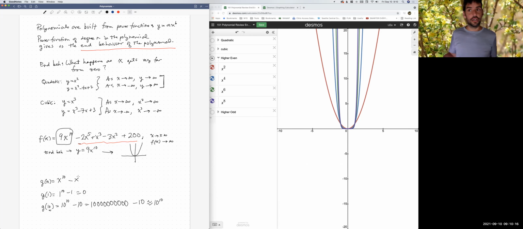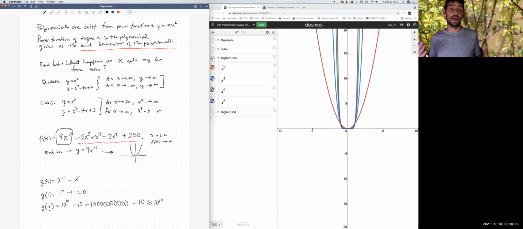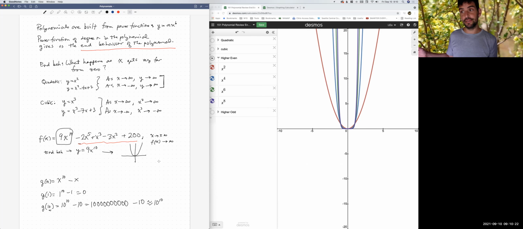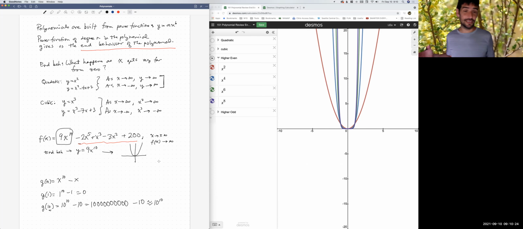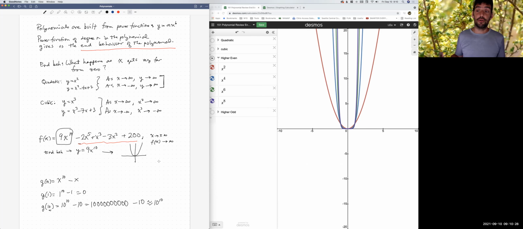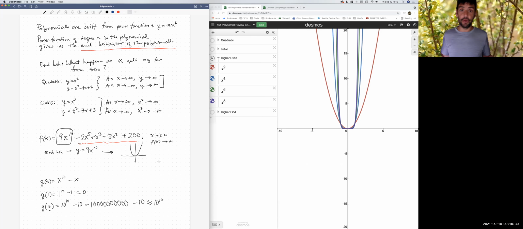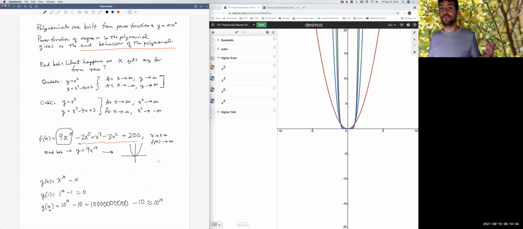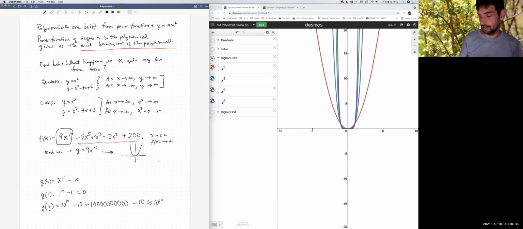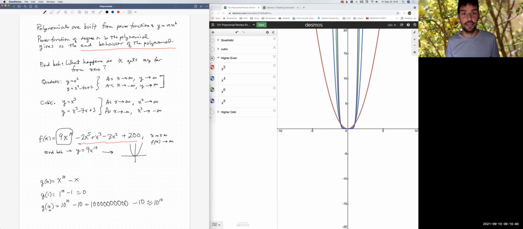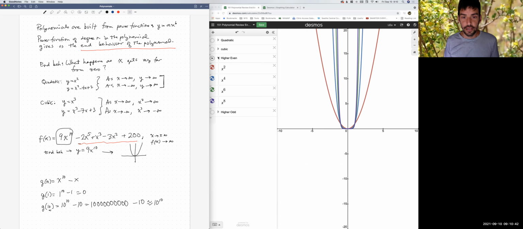It takes longer for it to matter, but what's the difference between 1,000,000,000 to the 10th and 1,000,000,000 to the 9th? 1,000,000,000 to the 10th is 1,000,000,000 times bigger than 1,000,000,000 to the 9th. So even though they're both massive numbers, one is massively more massive than the other one, okay? Okay, so let's keep going.